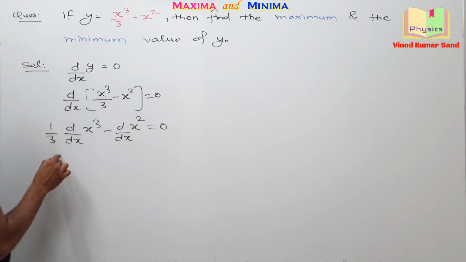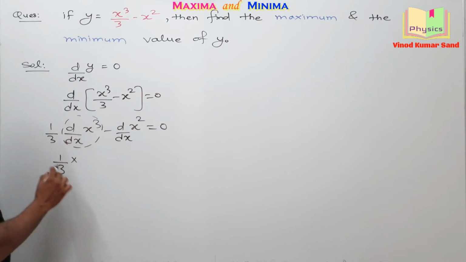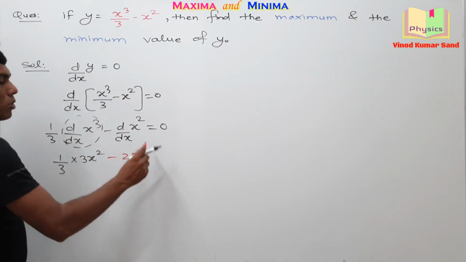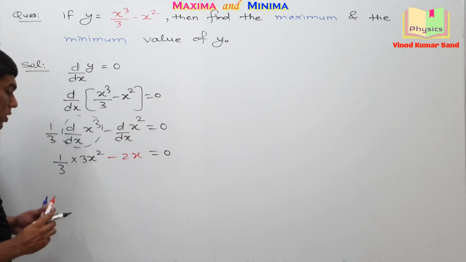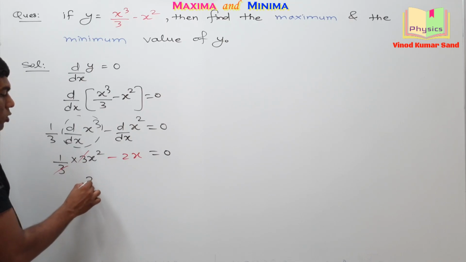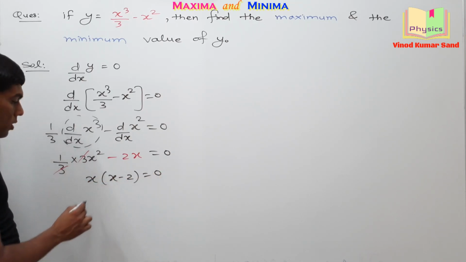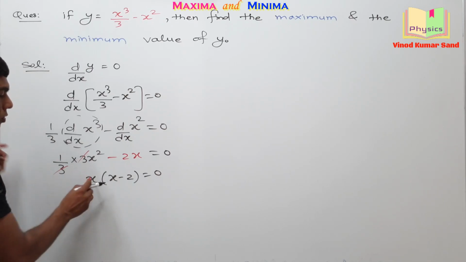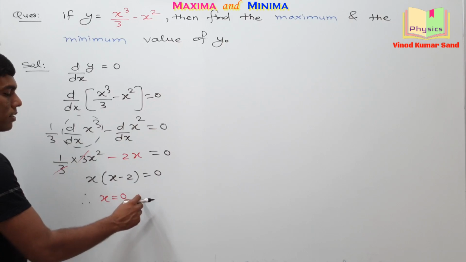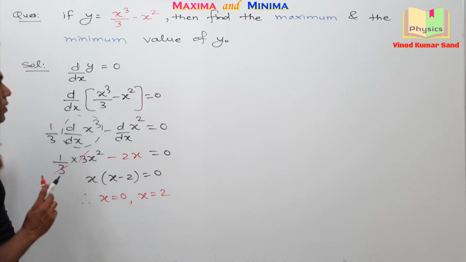Okay, 1 by 3, d by dx of x cube, this answer I hope you remember, comes out to be 3x square, and this will become 2x is equal to 0. Simplifying it, 3 is getting cancelled out, so you are left with x bracket x minus 2 is equal to 0. So the values of x from this computation will come out to be 0, as well as x can be equal to 2. Do you get this?